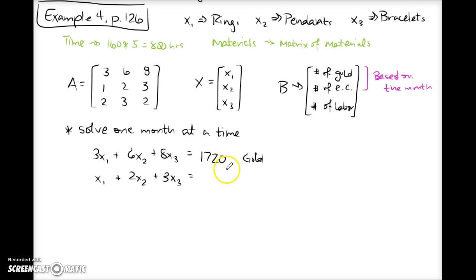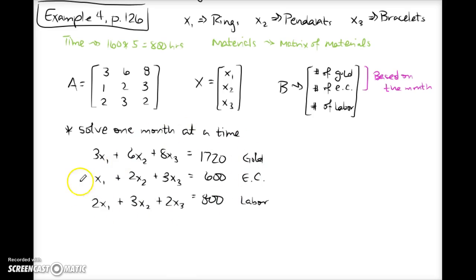And for the month of March, we'll have 600 grams of enameling compound available. And then when we look at labor, in this case it ends up being consistent because it's the same amount of time that's available each month. If it was changing, then you would want for this value to change as well. But in this case, it's going to be not 600, but 800.